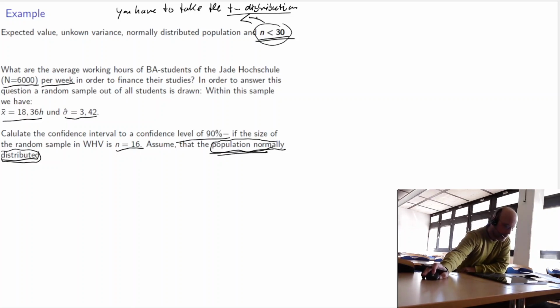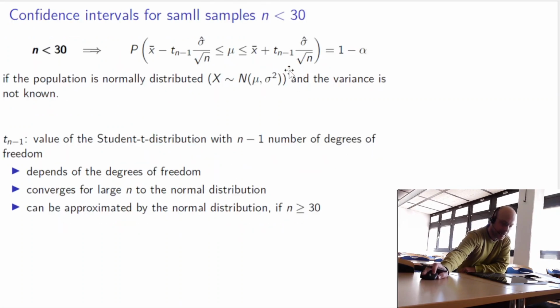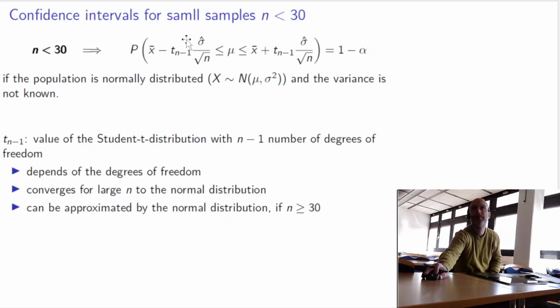And the calculation of the confidence interval is still more or less the same as you see it here. But what you have to change is just the parameter from the distribution. Here we have inserted the parameter 1.96, for example, for a confidence level of 95%.